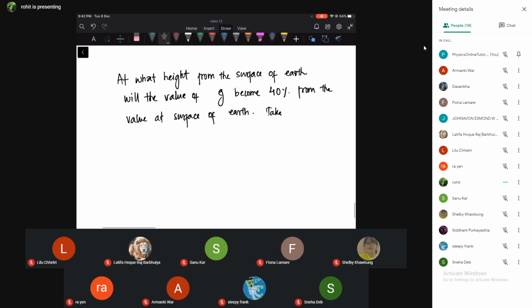Take the radius of the Earth as given, equal to 6.4 into 10 to the power 6 meters. Okay, so try to understand.